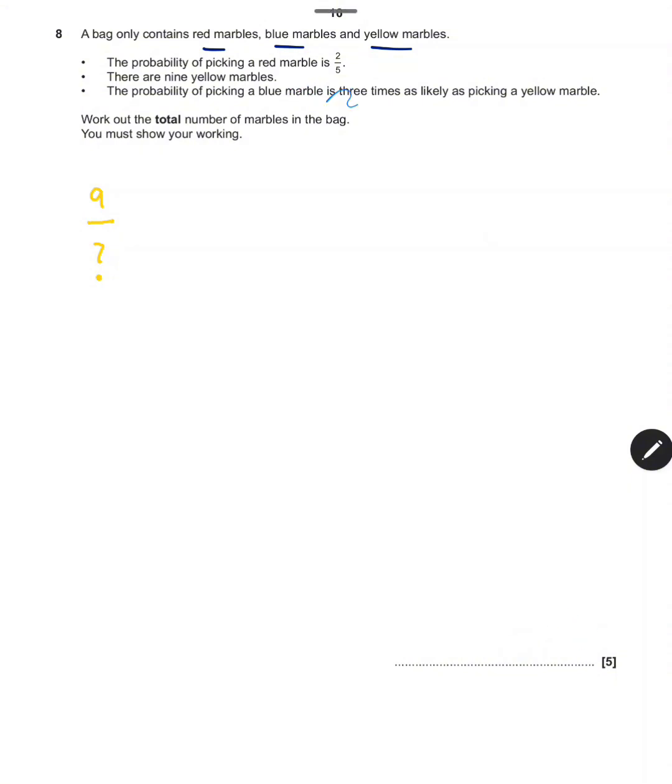We know blue marbles, the probability is 3 times as much as the yellow marbles. So blue marbles, well, 3 9s are 27, and that's also out of the same something, the same total. We do know that red probability is 2/5, but that's not saying there are 5 marbles in the bag, because that's the simplified probability.